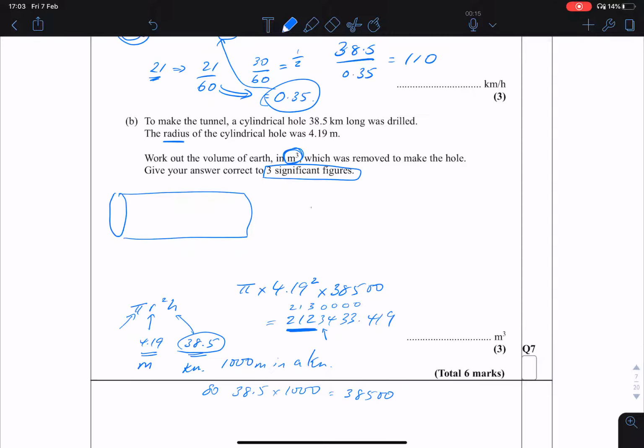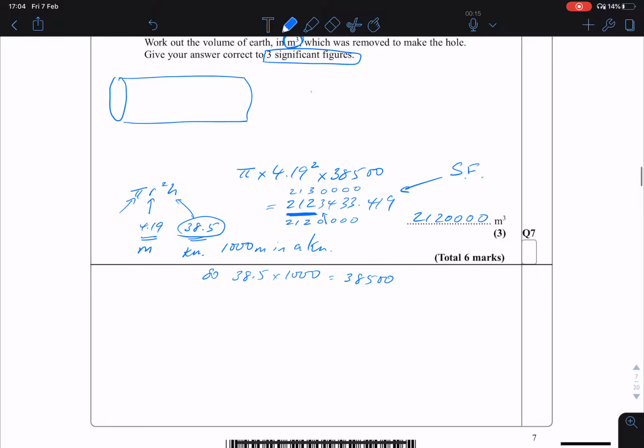And if it's less than 5, so 4, 3, 2, or 1, it just rounds down. Oh no, I've written that wrong as well. Come on. So our answer here is 2,120,000. If you're not sure about significant figures, don't worry about that for the time being. We'll come back to that.